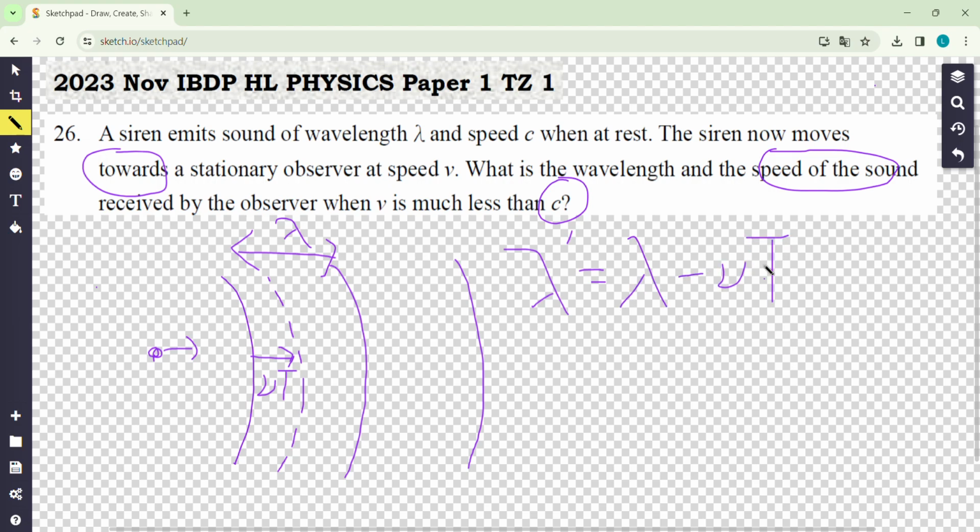So we have to find out what vT is. Okay, so you remember v equals f lambda, and then you remember f equals 1 over T. So move it to the left hand side, period equals lambda over c.